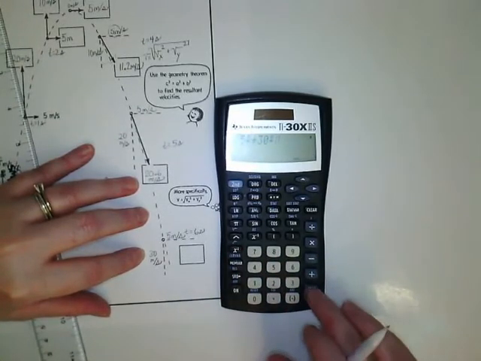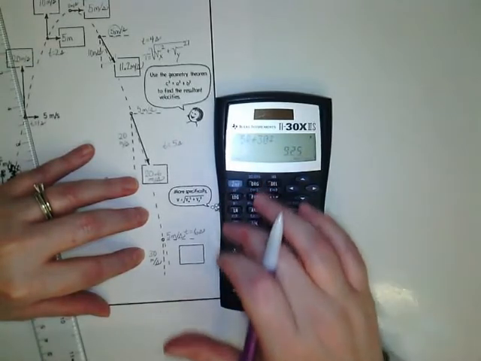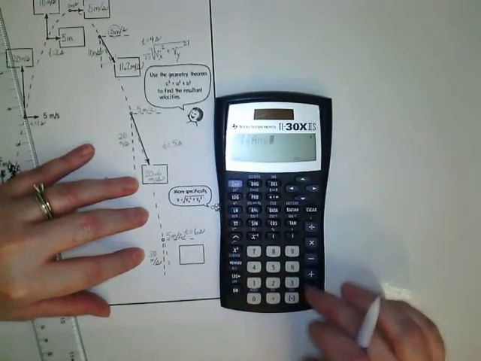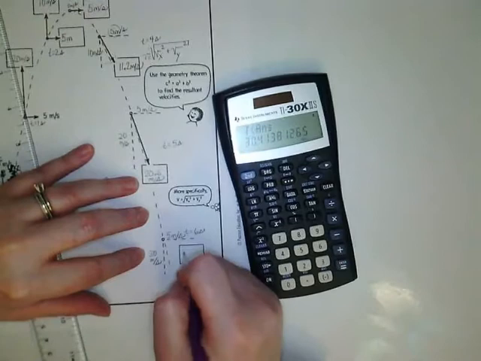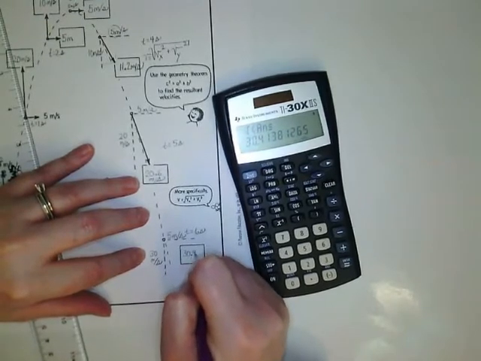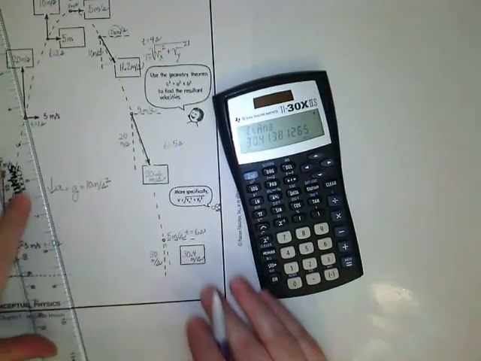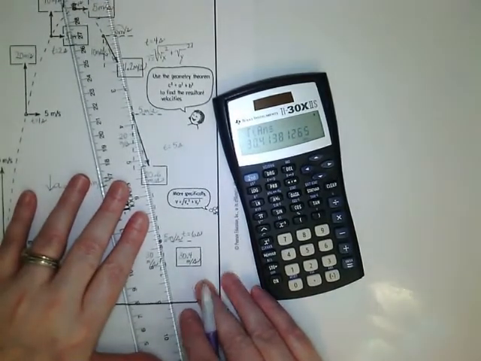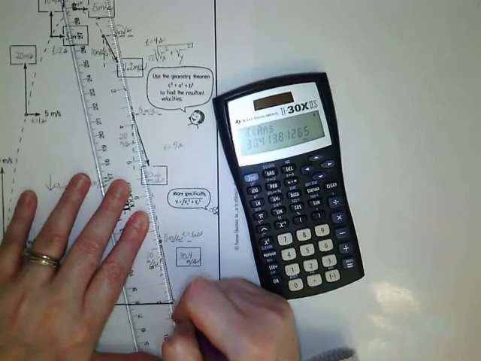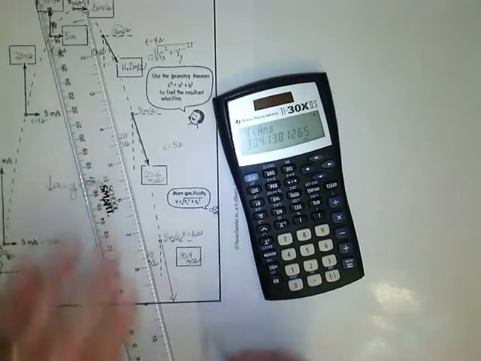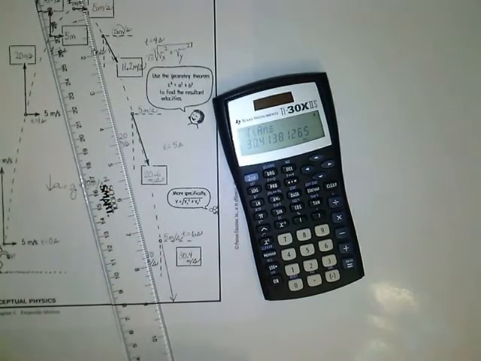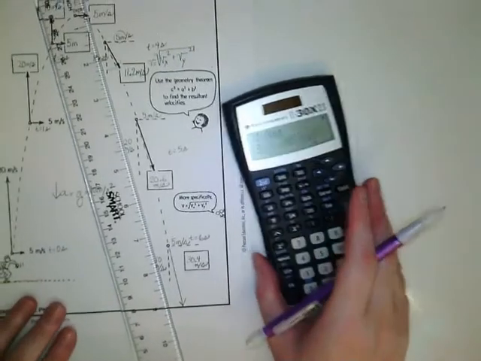I have to square it. And then I'm going to take the square root of that answer, and I get 30.4 meters per second. So the resultant velocity here is 30.4 meters per second. So that is how you do that.